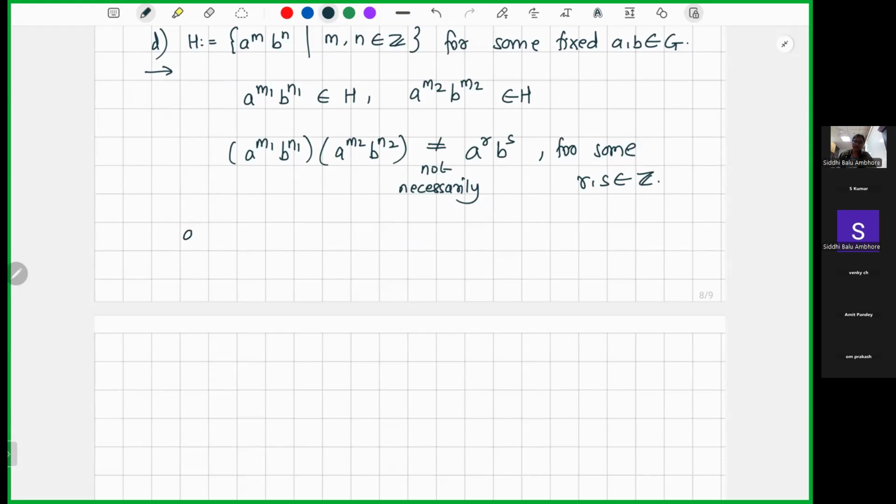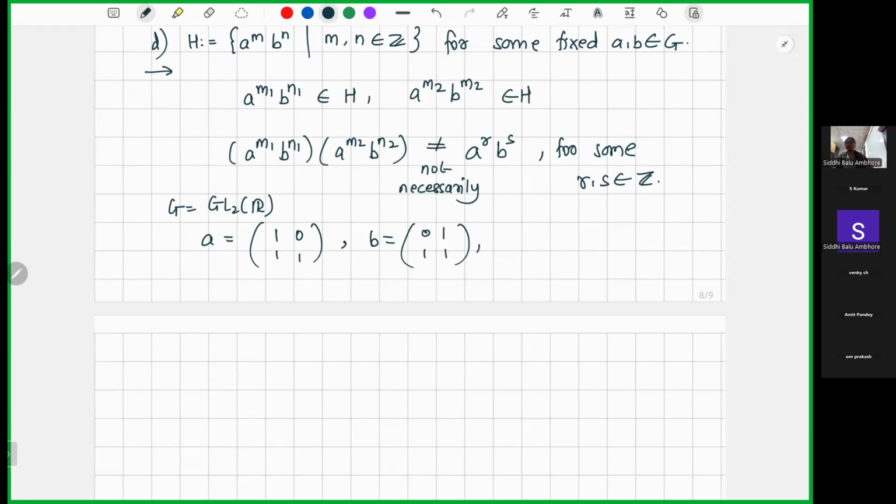For example, I won't do all this power multiplication, but check with this: you can take G to be this GL2R, an infinite non-abelian group, and take A and B to be these matrices, with B being 0, 1, 1.